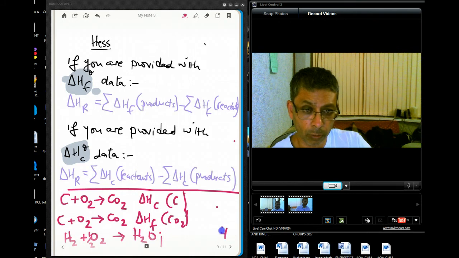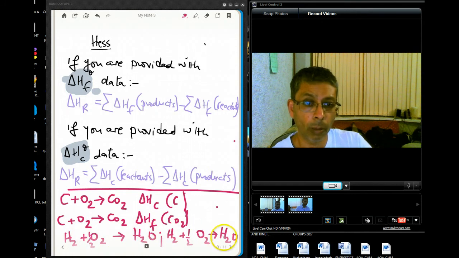If I was to write water here, heat of formation, making water from its elements, there we are. So the heat of combustion of hydrogen is the same as the heat of formation of water. The energy change is exactly the same.